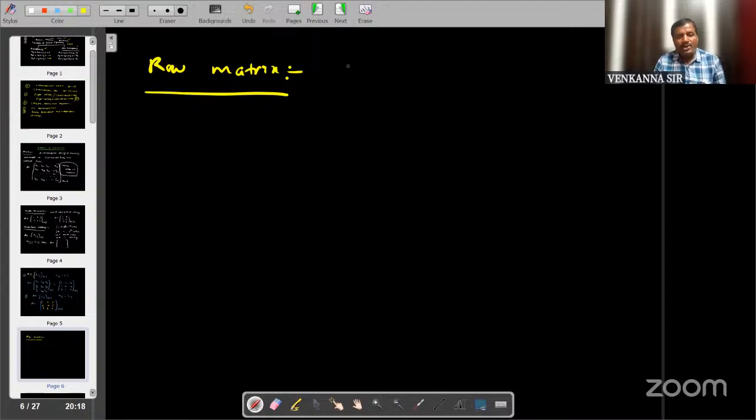Row matrix. A matrix, what is its definition? A matrix whose order is 1 by n, single row and n number of columns.